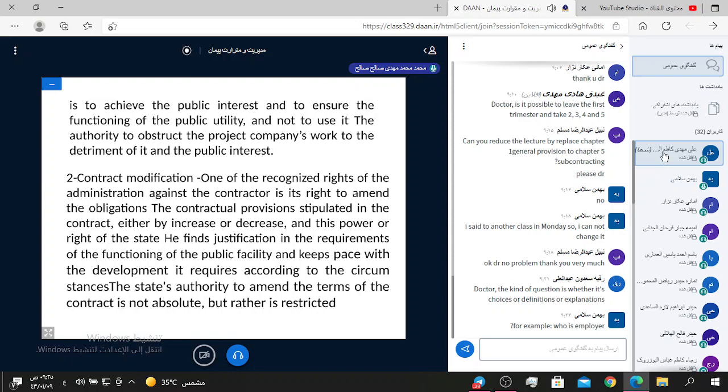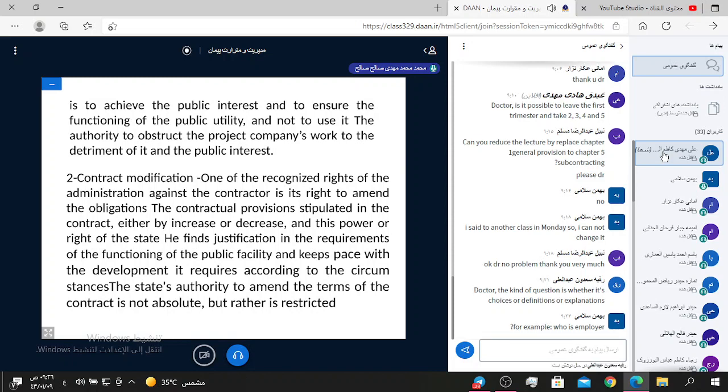Number two, contract modification. One of the recognized rights of the administration against the contractor is its right to amend the obligation provisions stipulated in the contract, by increase or decrease.